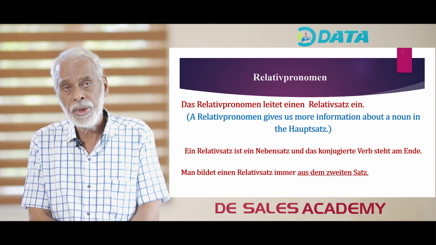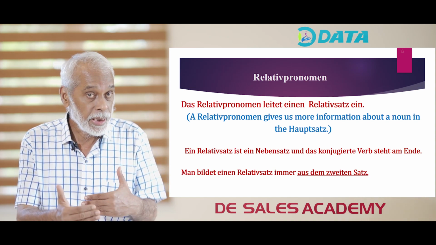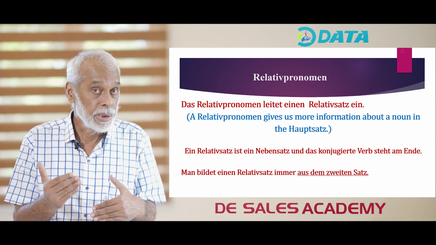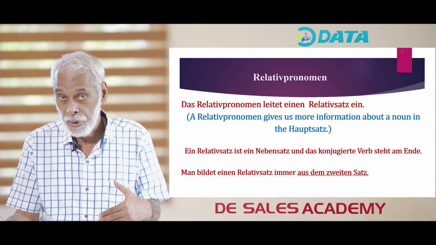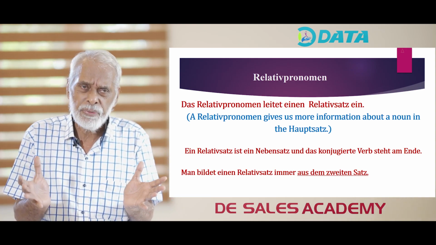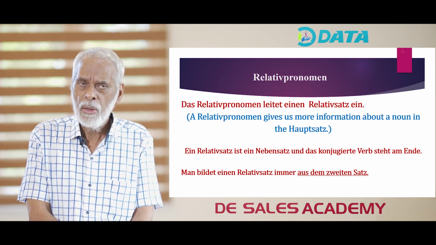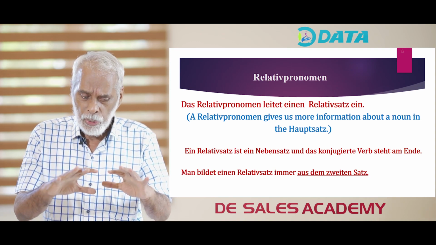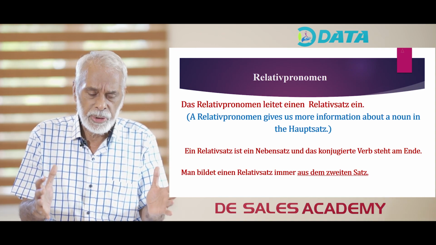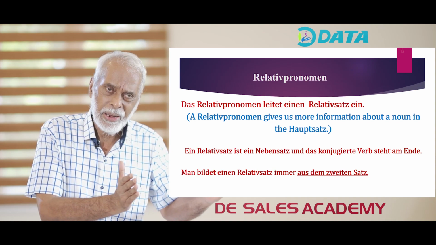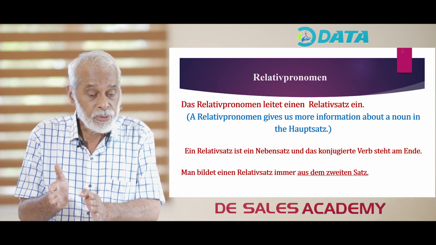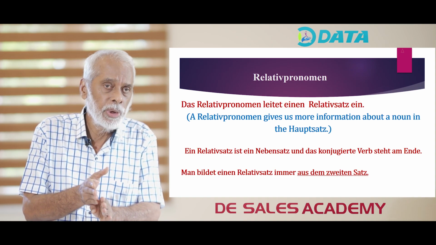Accordingly, we will have to say whether it is a he or it, or a she or it. So, this is a very brief introduction to the personal pronouns, so that you will know what actually is the difference between a noun and a pronoun. A pronoun is closely related to the noun.